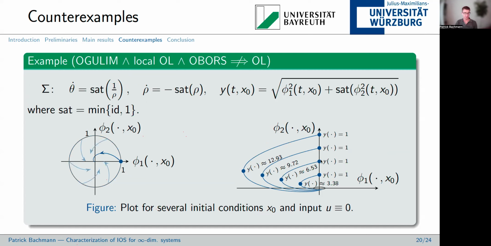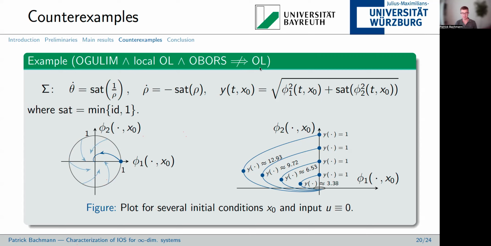Then the next property is a bit more complex. The system that we are treating here basically shows that it's not very easy to provide characterizations for the output-Lagrange property.